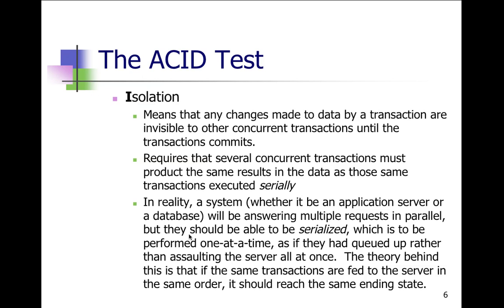So the I part of the ACID test is isolation. It means that any changes made to data by a transaction are invisible to other concurrent transactions until the transaction commits, which means every time you go to the ATM machine and you stick your card in there and enter your PIN, you're isolated from the rest of the world.